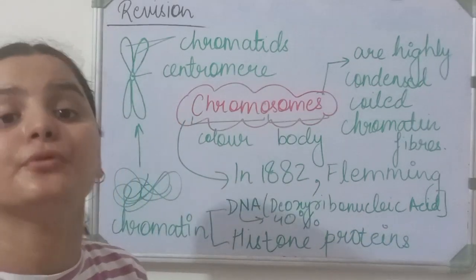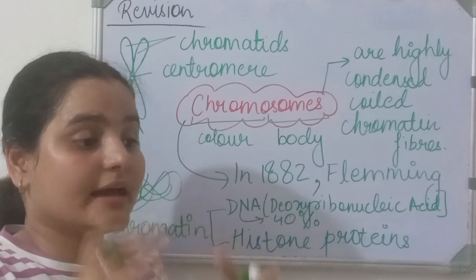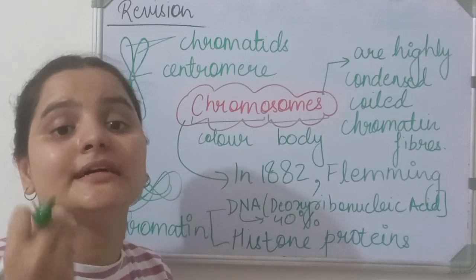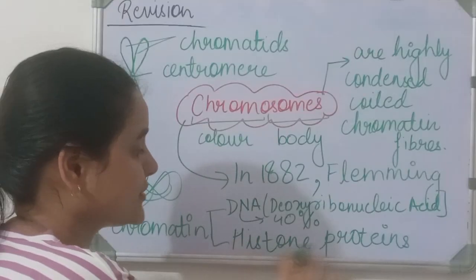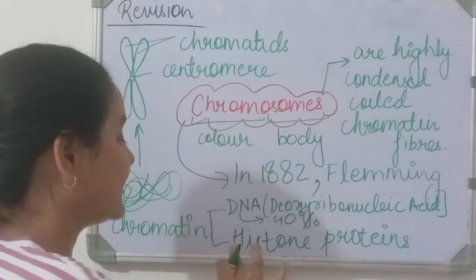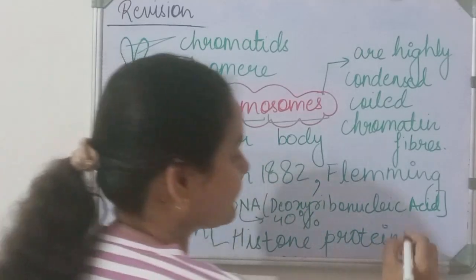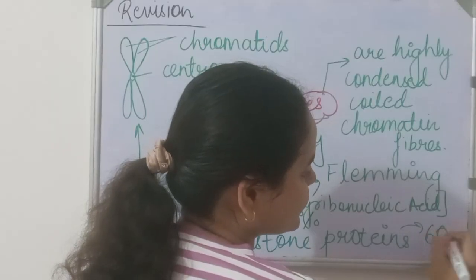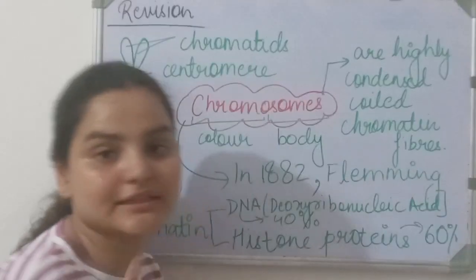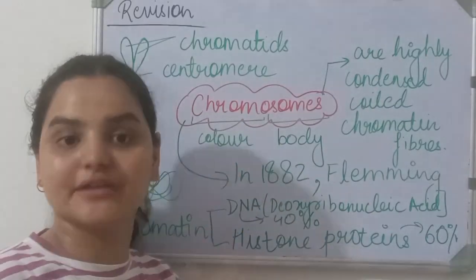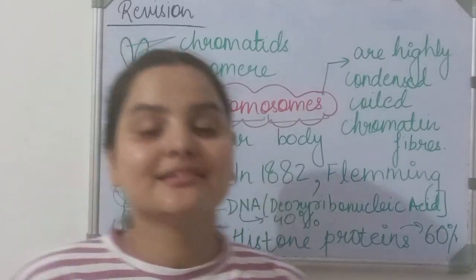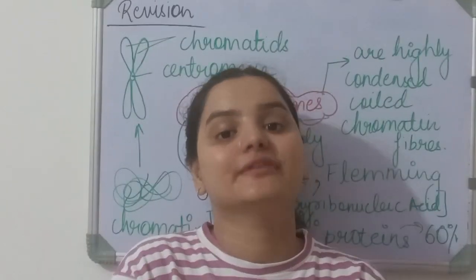These histone proteins occur in the form of an octamer. There are 8 subunits which form these histone proteins, and they are found 60% of the total content. I hope everything is being revised clearly. So let's begin with our first topic, which is nucleosome.